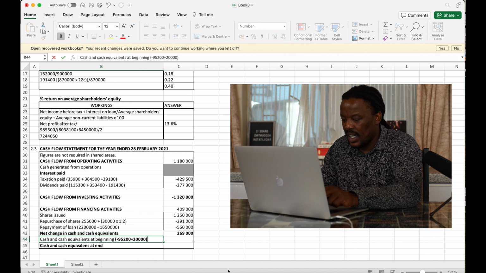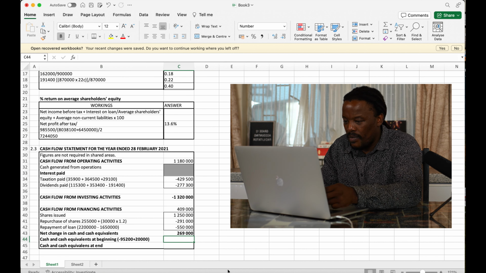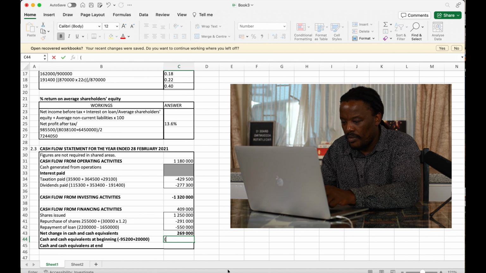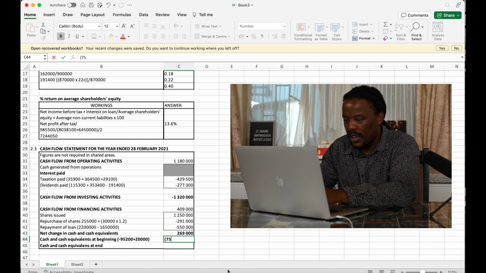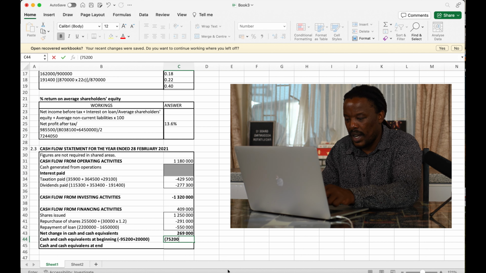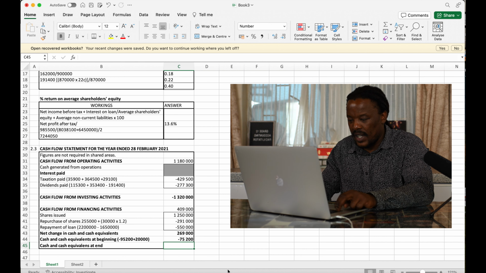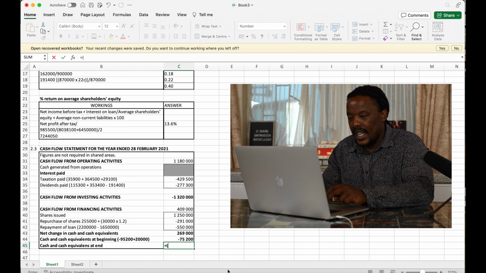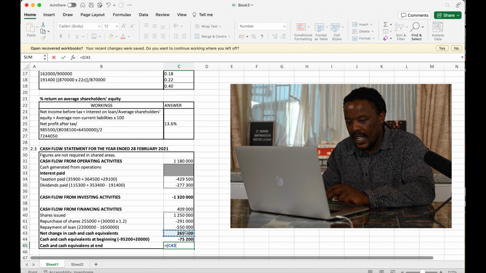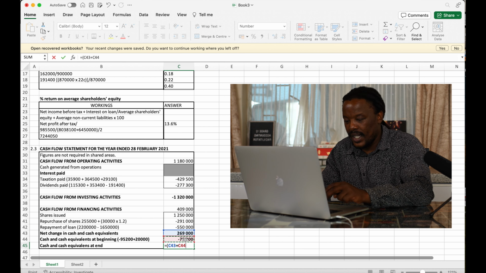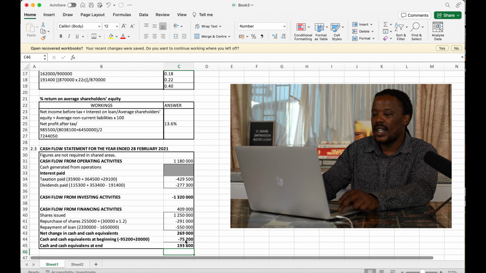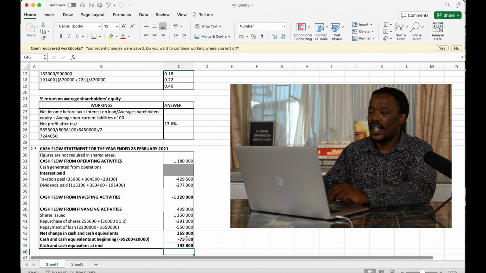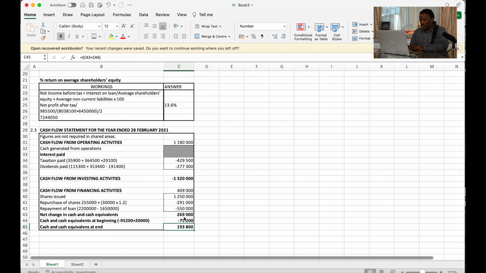So obviously it gives us a minus 75,200. And then the cash and cash equivalents at year end is this, and then you must minus that amount on your calculator, and you get your net cash and cash equivalents. This is basically how you get your cash and cash equivalents at year end.